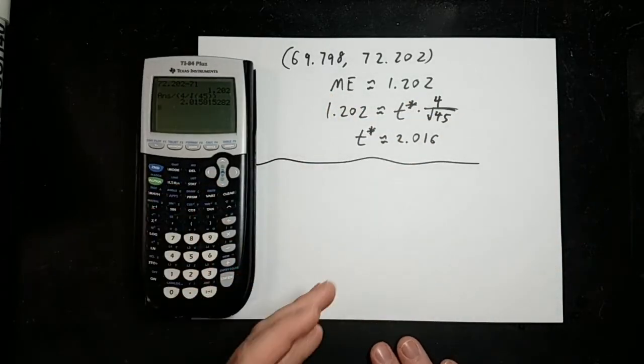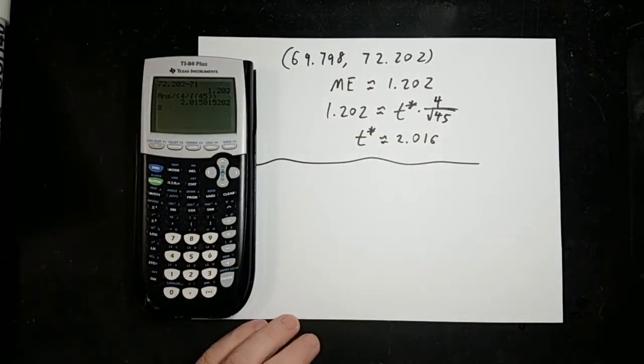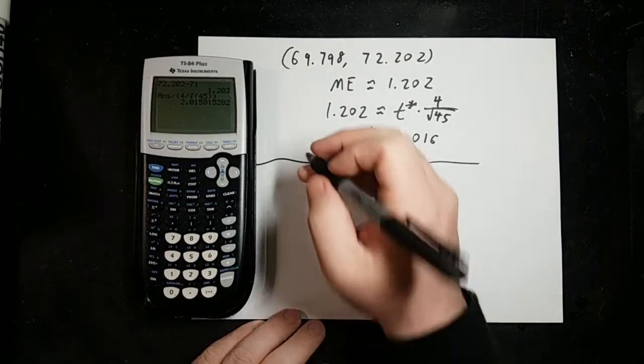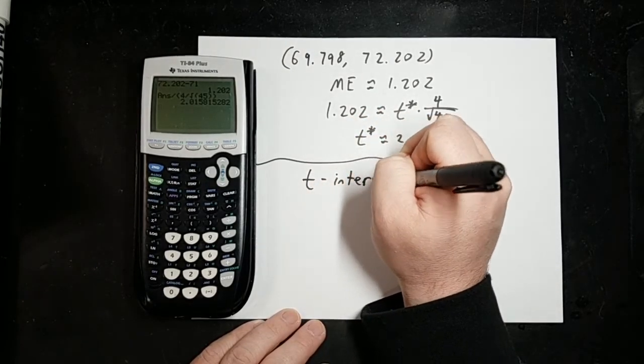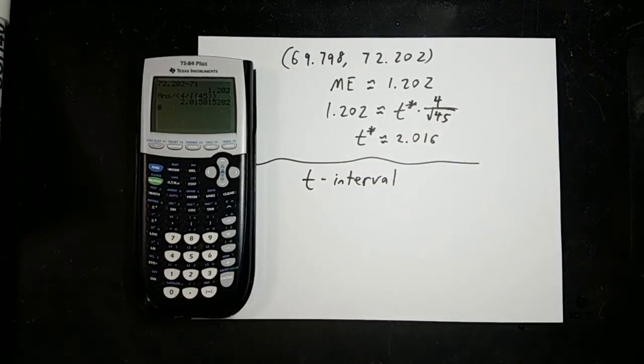Another way of potentially calculating t star without having to go through that process is by using your t interval and manipulating the numbers that go inside.